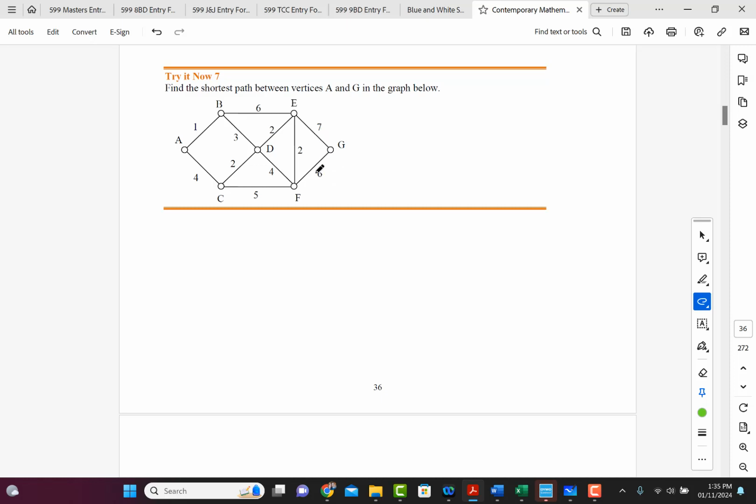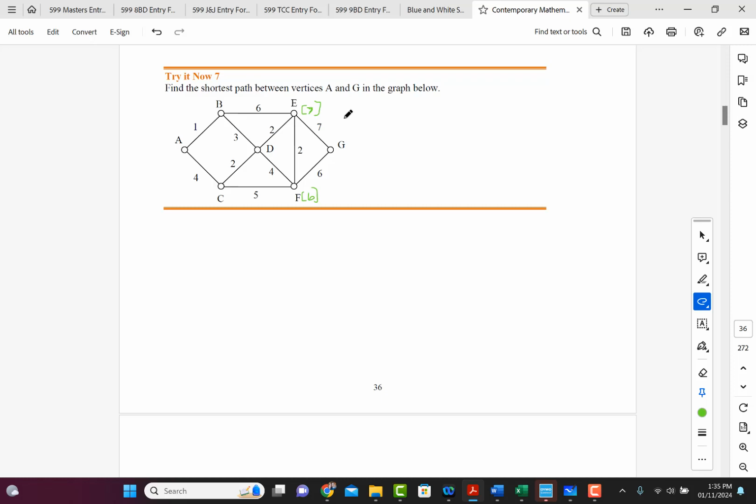So we're going to mark the 6 in brackets, and this is going to be 7 in brackets. Okay, that's a 7, not a 3.